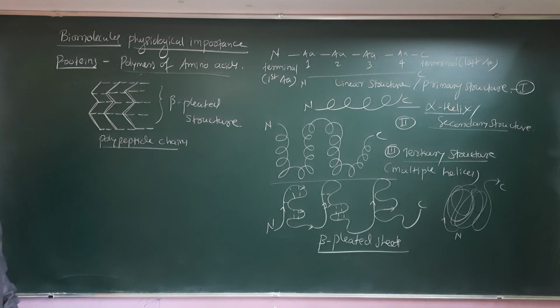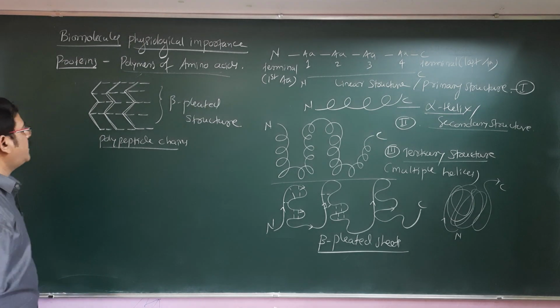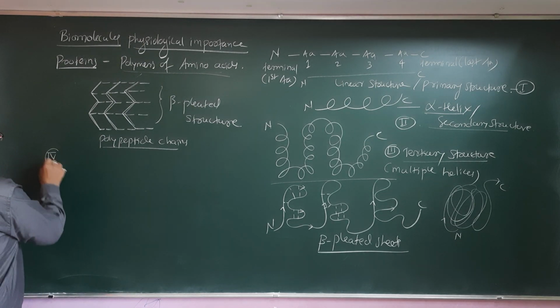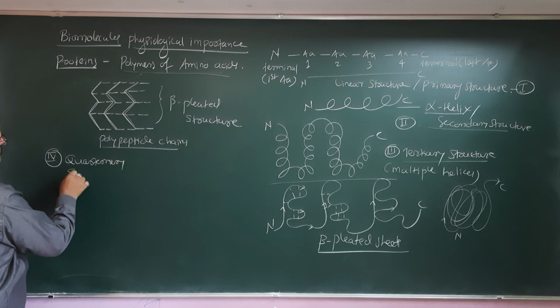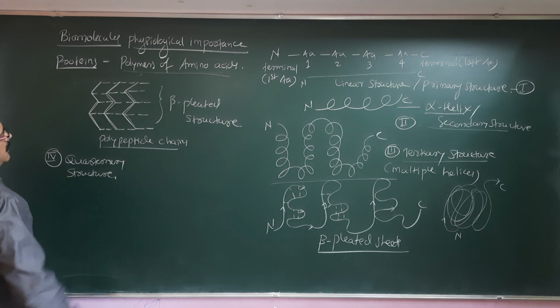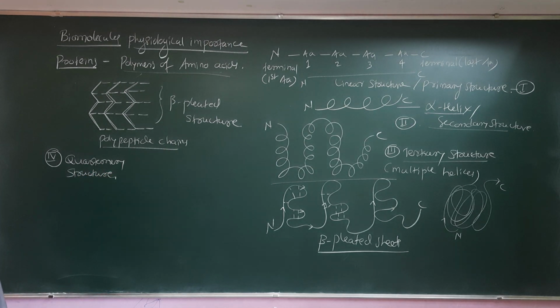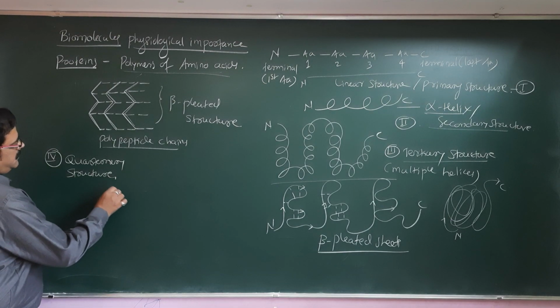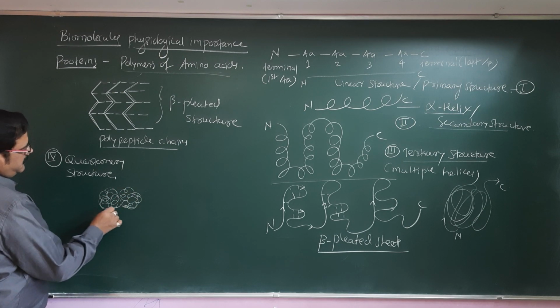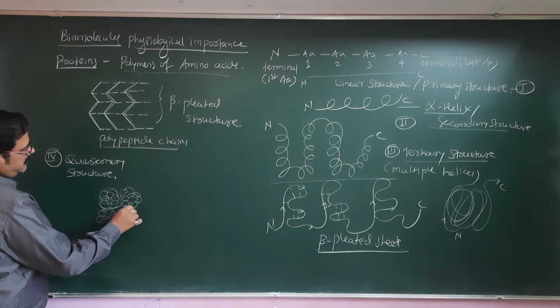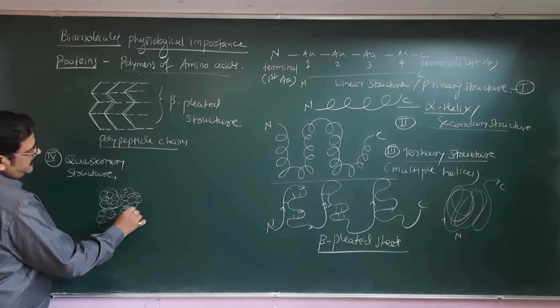Next comes the quaternary structure. The fourth important thing is the quaternary structure. It is much more complex now. In the quaternary structure, the structure is so complex that it forms different units clubbed together, 2, 3, 4, 5, 6 units.